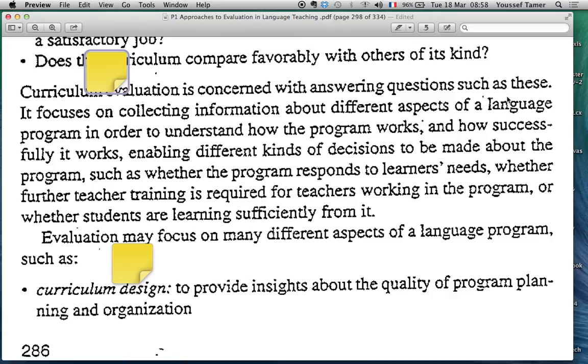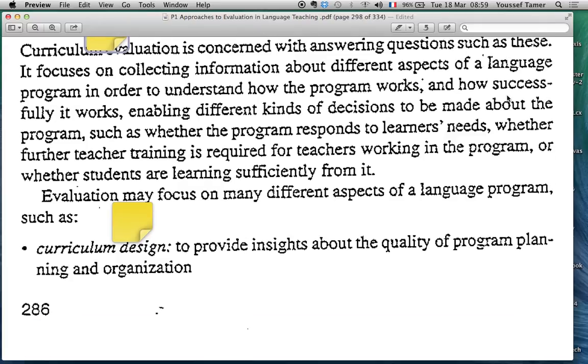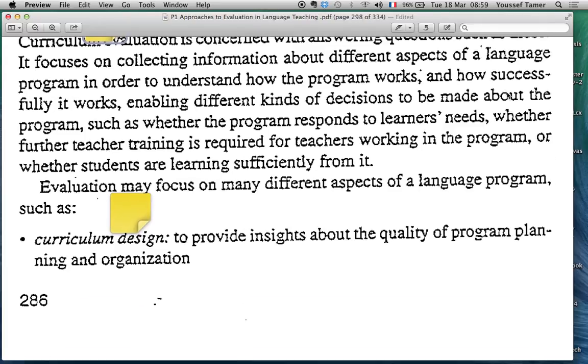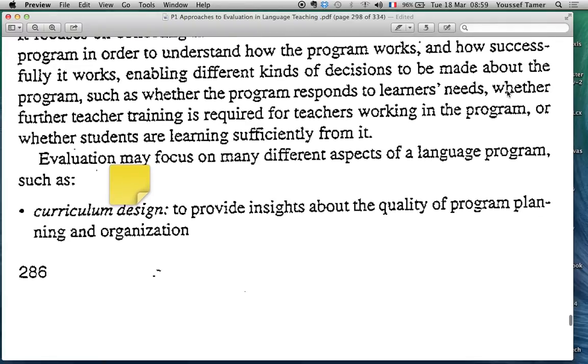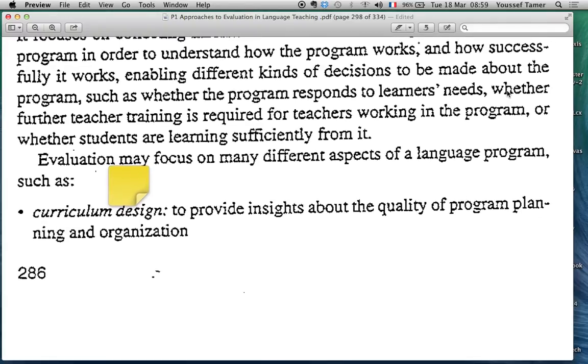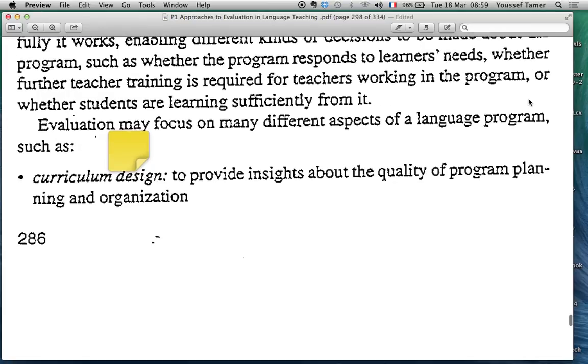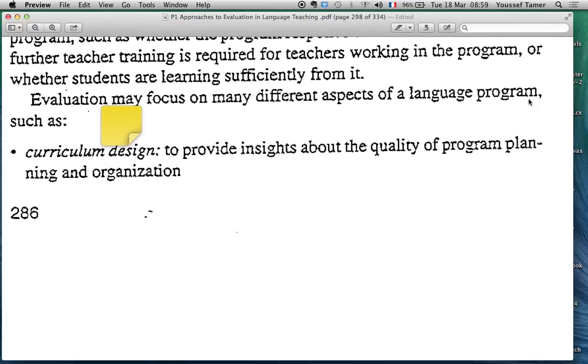Taking into account research findings and new approaches, new tips for teaching and learning, that should of course be included. Training is required for teachers working in the program, or whether students are learning sufficiently from it. Are the students learning from it? Because we are talking about learning, that's the most important thing. That's one of the objectives of evaluation. Yes, efficiency. Satisfactory or not.